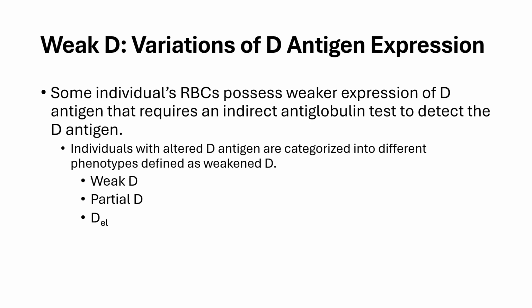Then we have the D sub EL, where the D antigen is present in extremely low amounts. It's often undetectable except by absorption elution techniques. This is common in some Asian populations. So once again, recognition of these phenotypes is critical for transfusion safety and Rh immunoprophylaxis, as some individuals with weak or partial D types may be at risk of alloimmunization.